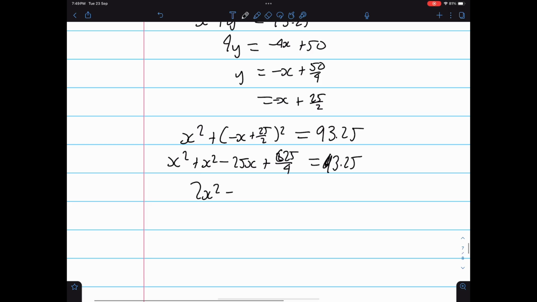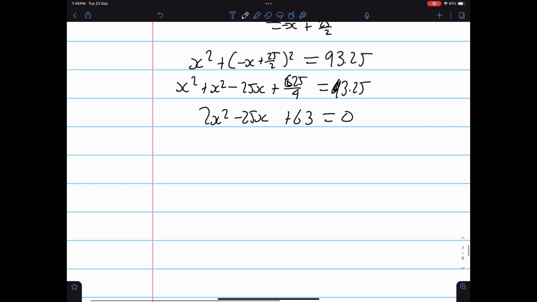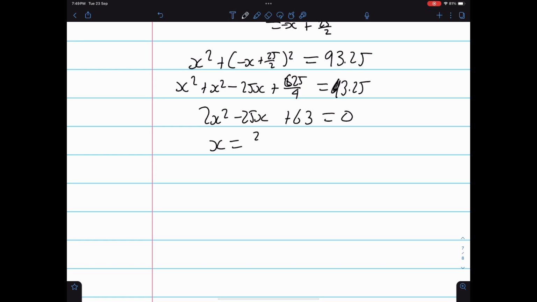So that's 2x squared minus 25x plus 63 equals 0. Whew, okay. I'm just going to do the quadratic formula at this point. x equals 25 plus or minus square root of 25 squared minus 4 times 2 times 63 over 2 times 2.